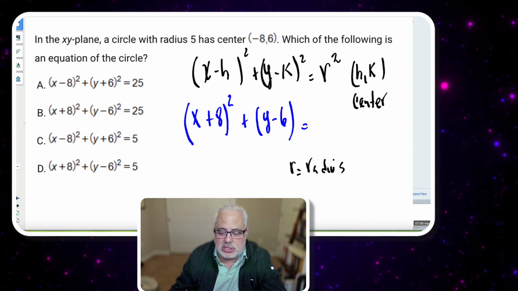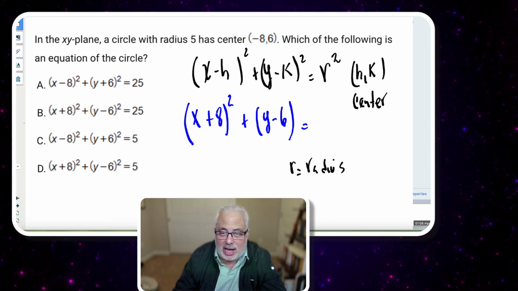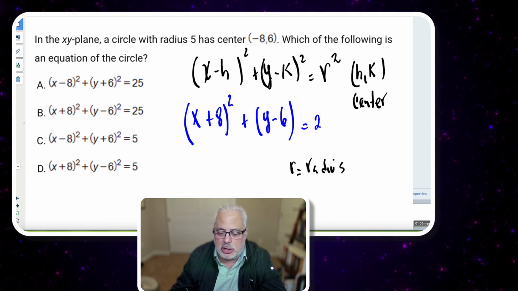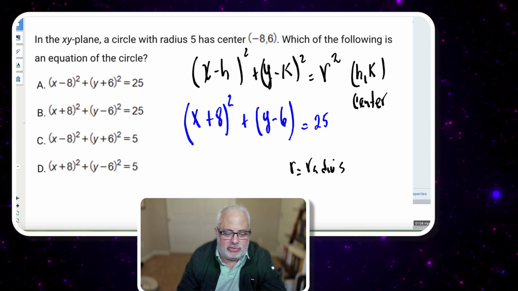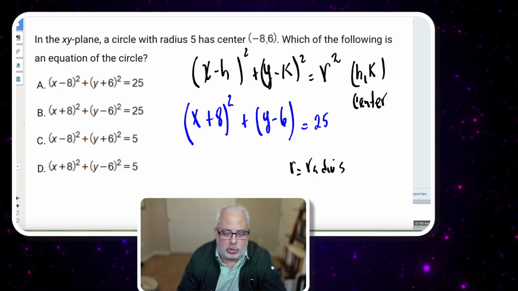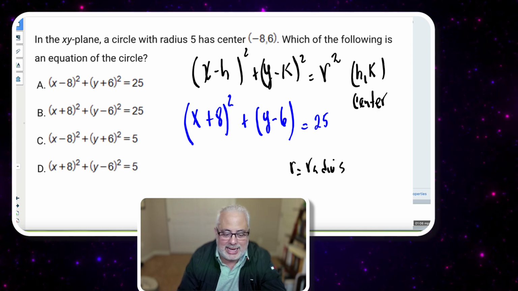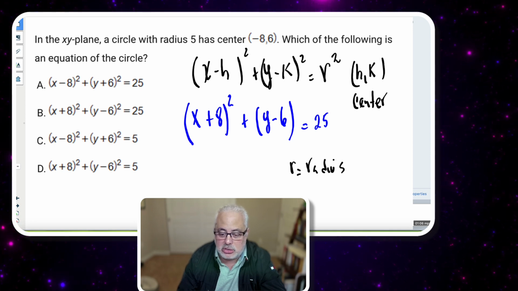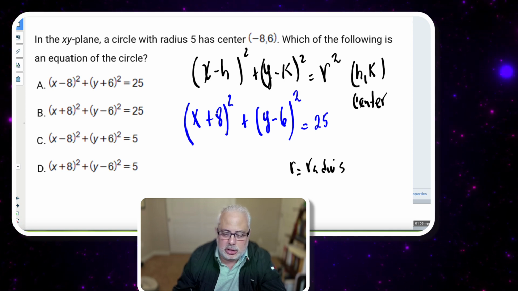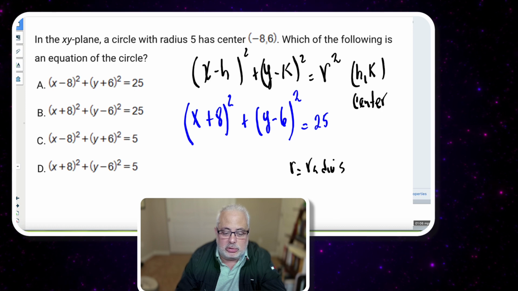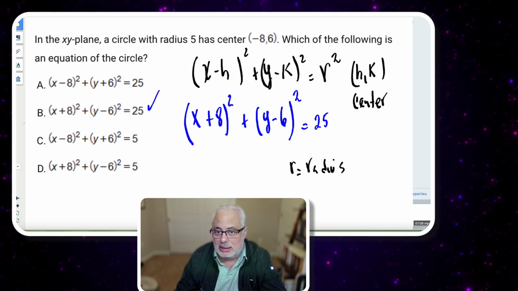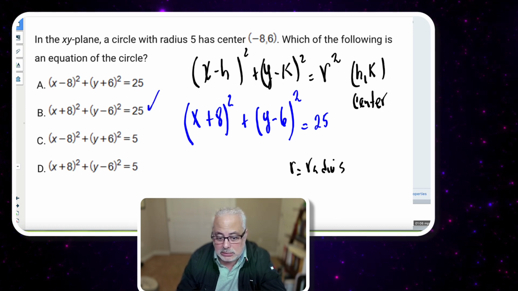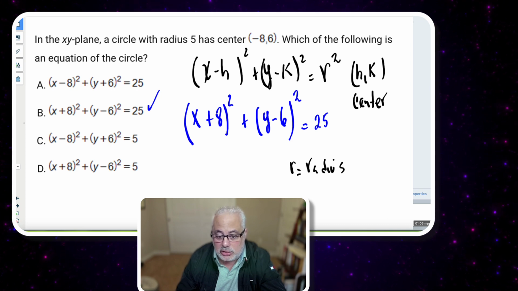And the radius to the second power is no more than 5 to the power of 2, which is 25. Immediately you find your answer in the multiple choices. x plus 8, y minus 6, I forgot the power of 2 here, to the power of 2 equals 25. The answer is B. Cannot be D because it's radius to the second power.